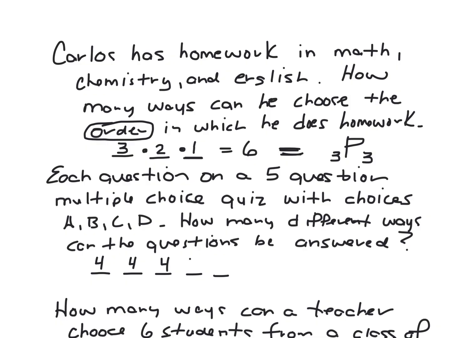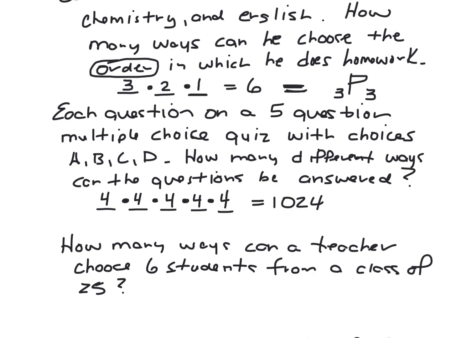And question 3, and question 4, and question 5. And then I'm going to multiply these together. I'm going to take 4 to the 5th power, which gives me 1,024. So that is multiplication counting principle.